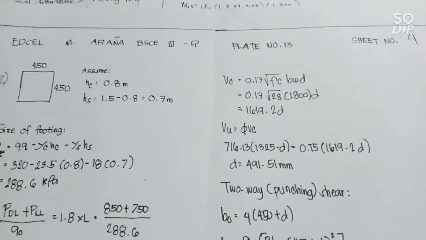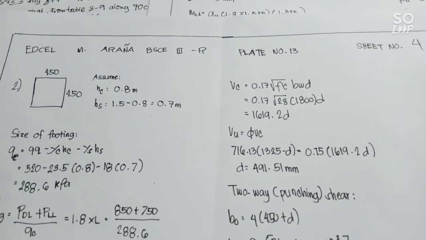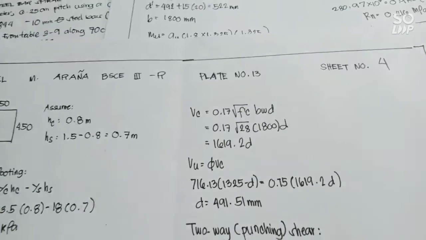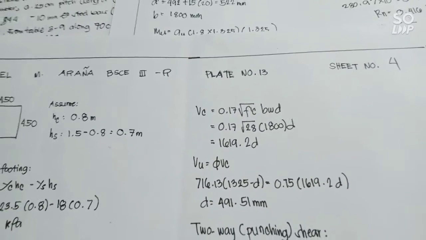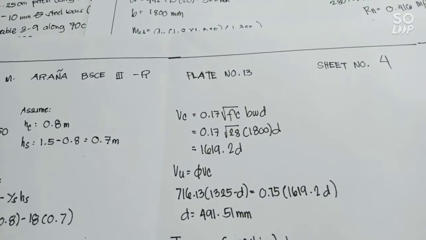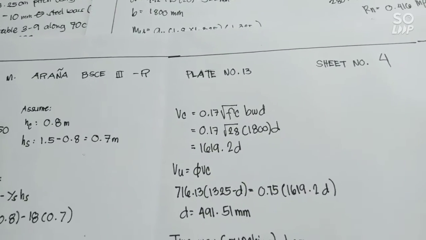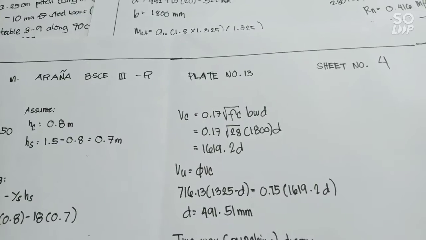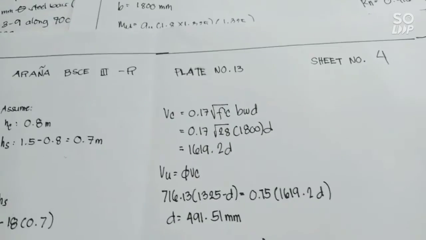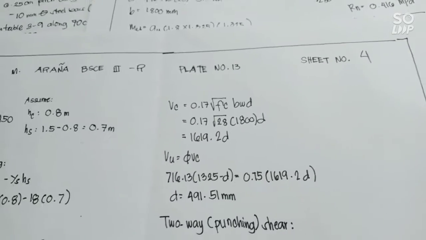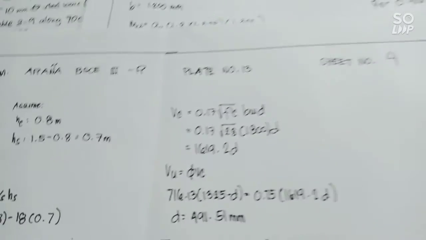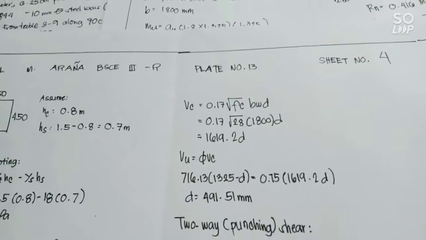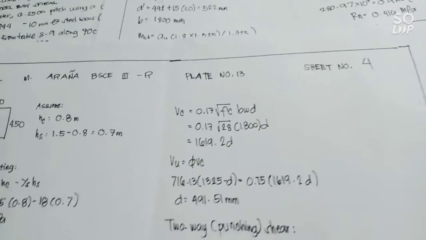Proceed to finding VC, or the shear strength, that has a formula of 0.17 times the square root of the compressive strength that is given in the problem times the width and the d. So substitute 0.17 times the square root of 28 times 1800, the width, and the d.